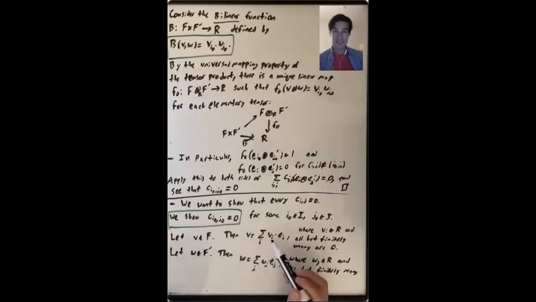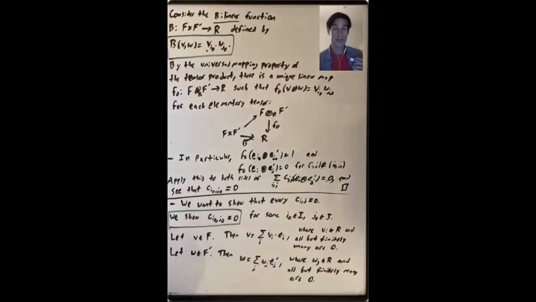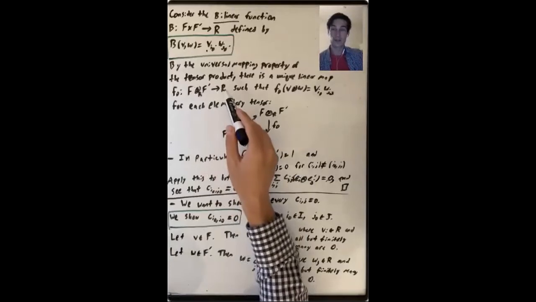All right, so again, what's the big idea? You're given a basis for F and a basis for F prime, and you can write any element in your free module as a finite linear combination of those basis elements. But then the big idea really is to construct the appropriate bilinear function, which is going to give you the appropriate corresponding linear function from the tensor product to somewhere.